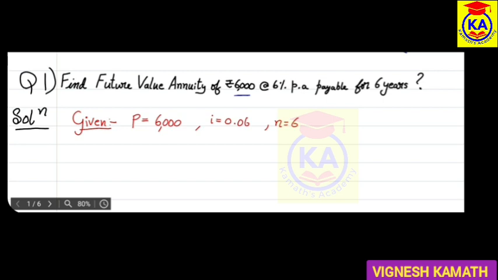The first thing is to find whether the question belongs to future value or present value annuity. In the question it is mentioned that it is future value annuity. Now the second case is you have to find whether the question belongs to due or immediate. If nothing is mentioned, as in the note I have given, whether it is due or immediate, then we have to consider immediate.